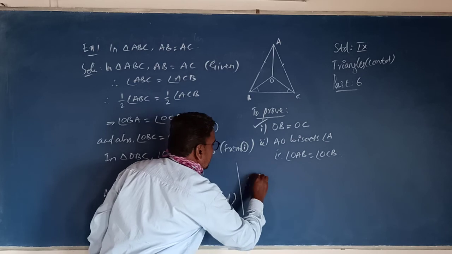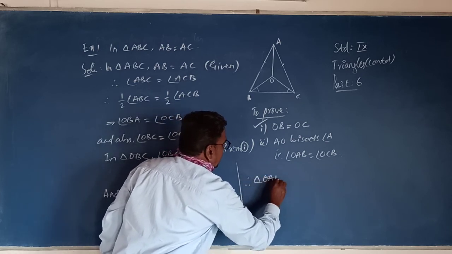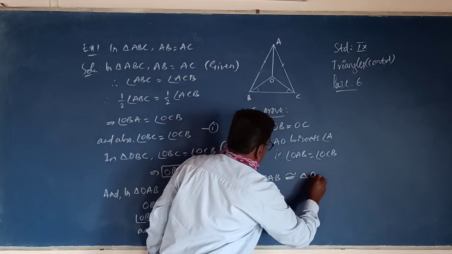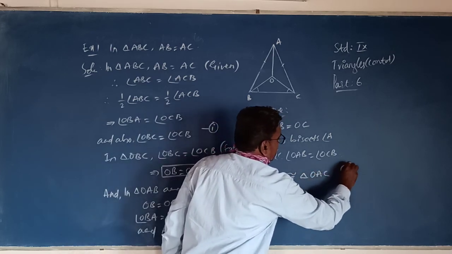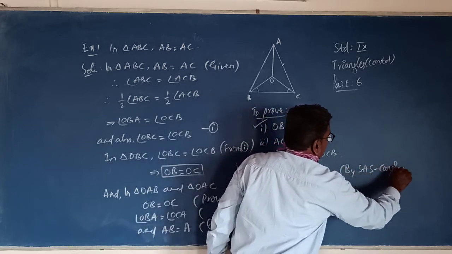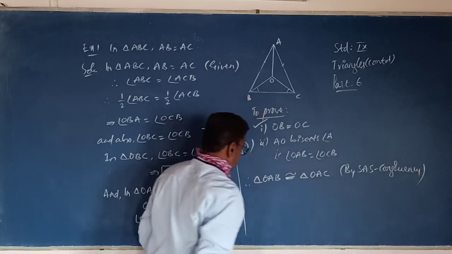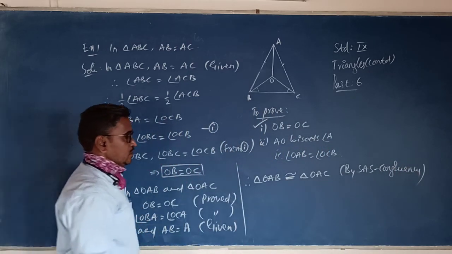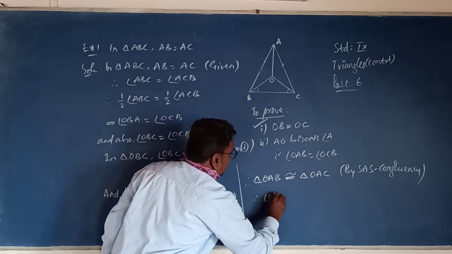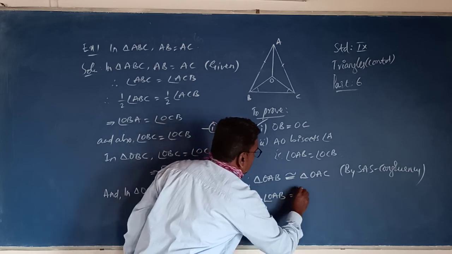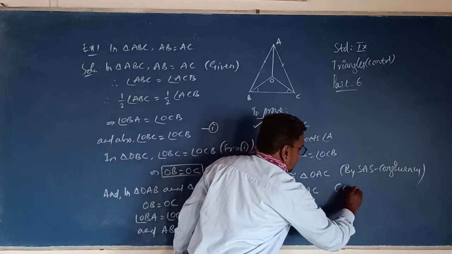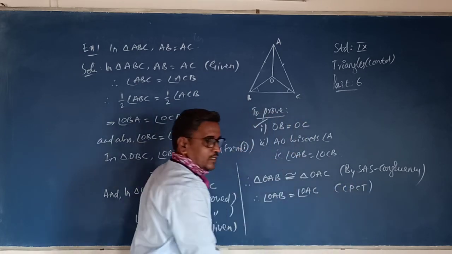Therefore, triangle OAB is congruent to triangle OAC by SAS congruency. Therefore, angle OAB is equal to angle OAC. What is the reason? Corresponding parts of congruent triangles.